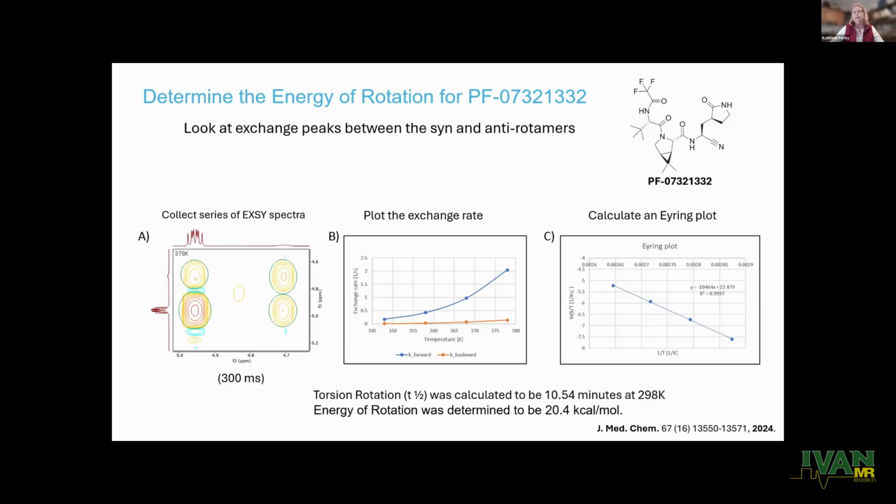But we were adding this experiment on, and it was really for this energy of rotation. So it was an additional thing that we liked to look at because we wanted to make sure that we were staying in that class 1 category, that it wasn't taking too long for our molecule to rotate, and really wanted to keep it in the minutes or less category.